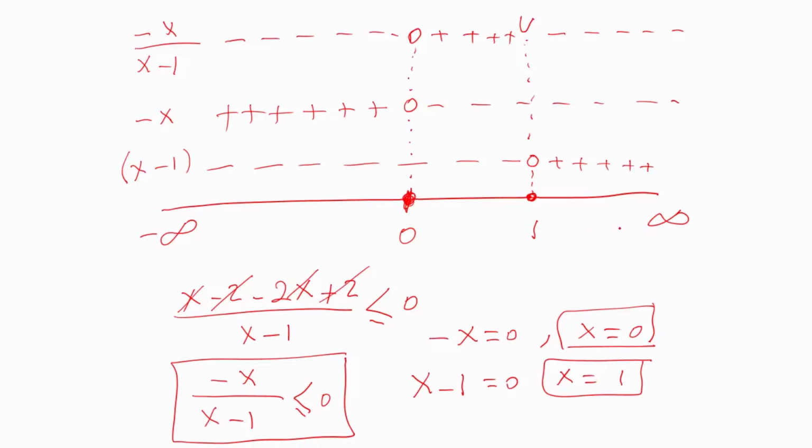So when x is greater than 1, it would be negative. So the answer is less than or equal, actually, less than or equal. So if I was to put a bracket here, it would go like this. Greater than 1 would also make it negative. So I put another bracket here, greater or equal.